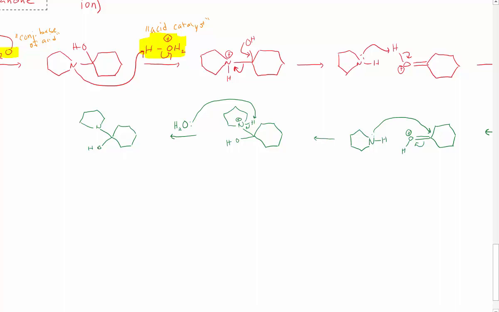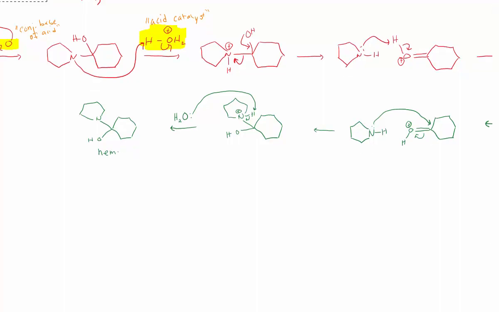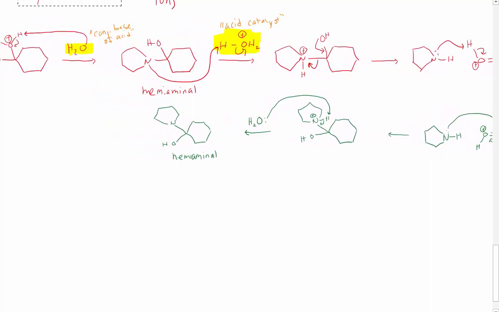And that gets us our neutral hemiaminal structure, which I had forgotten to label in the above scheme, but it's the same one. I'm checking as I go that all my intermediates are lining up. The principle of microscopic reversibility here is helping me to make sure my mechanisms include everything.